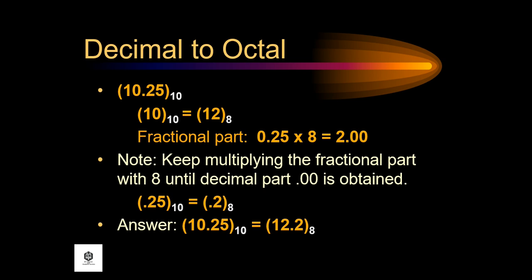Note, keep multiplying the fractional part by 8 until a decimal part of 0.00 is obtained. So here for the example, 0.25 in decimal is equal to 0.2 in octal. So the answer for 10.25 in decimal is equal to 12.2 in octal.